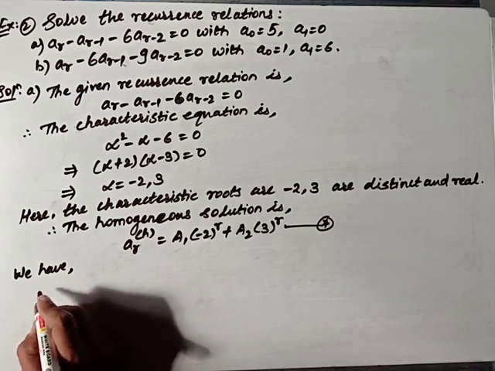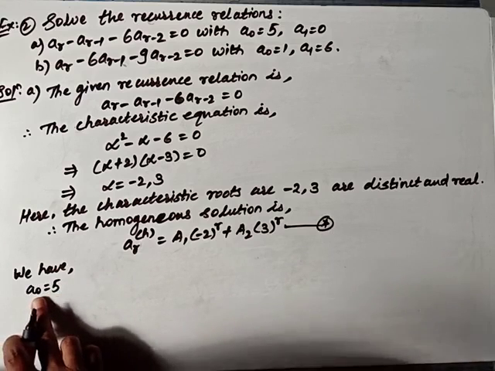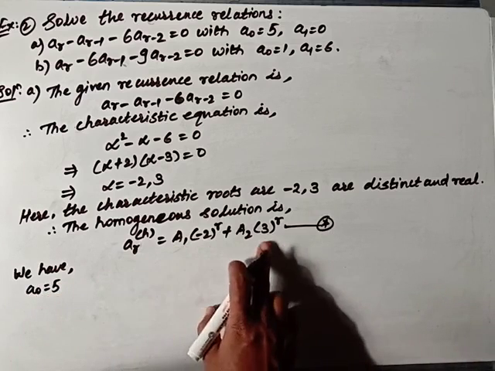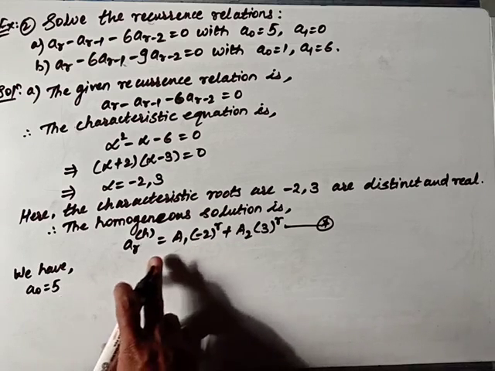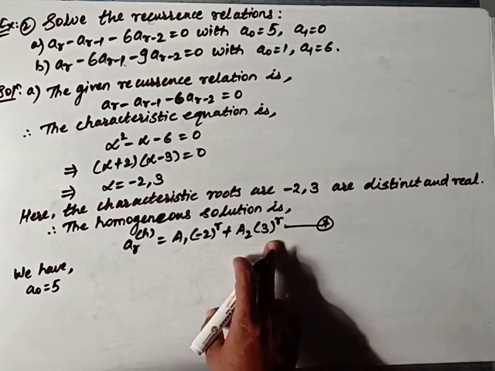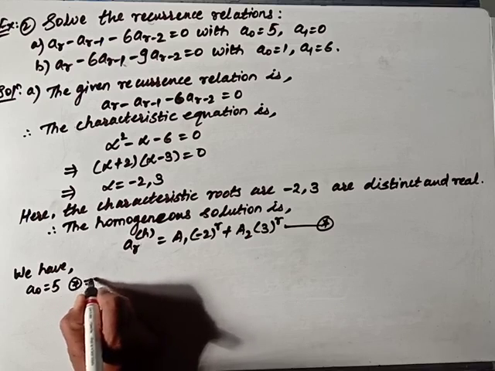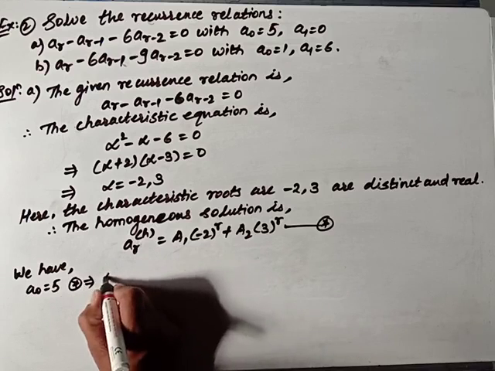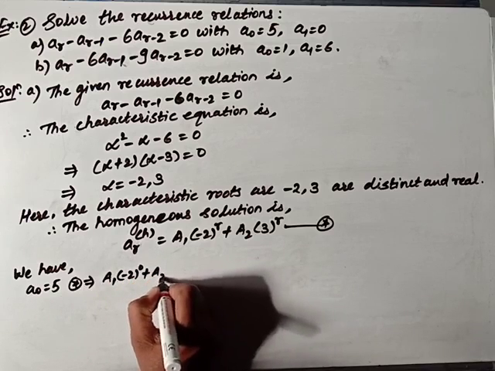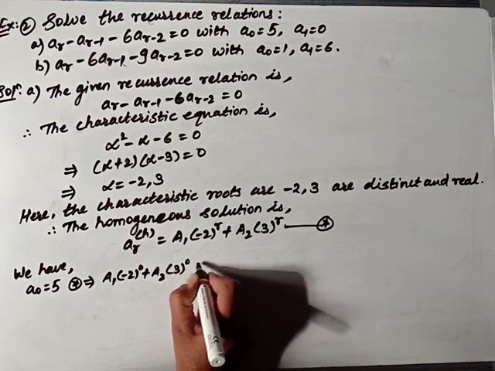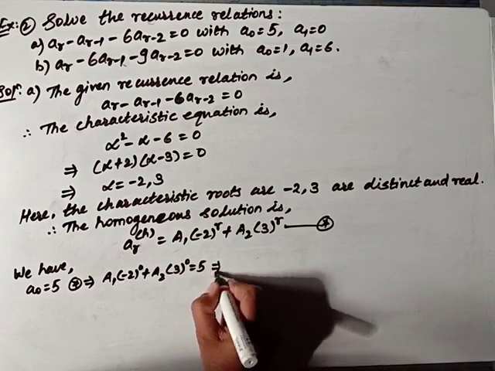Okay, so we have a_0 is equal to 5. a_0 means r is equal to 0. So let us substitute r is equal to 0 on both sides. Our right hand side is already 5, given to us. So for a_0 equal to 5, star gives us A_1 into minus 2 raised to 0 plus A_2 into 3 raised to 0, that is equal to 5.